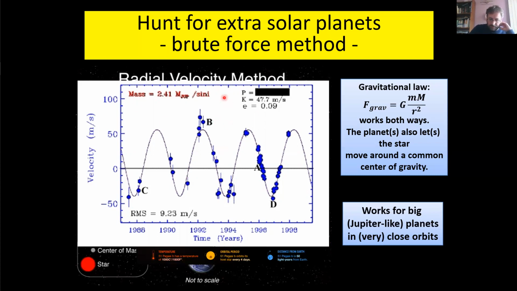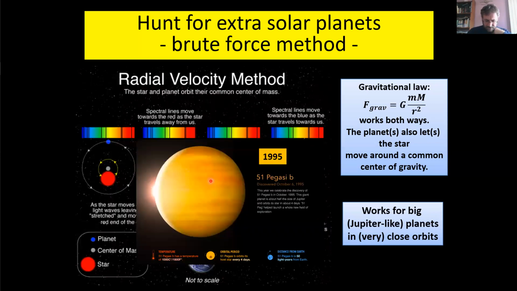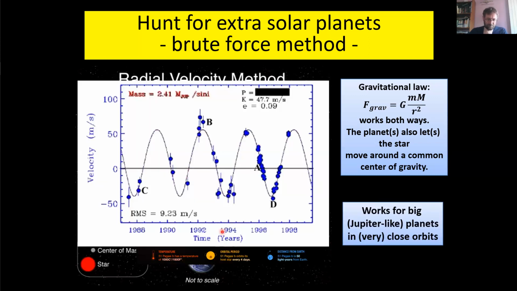So this was something different from 51 Pegasi b, because that was just a 4 day orbital period. It must be already further away, because we see now the orbital period is already a couple of years. A couple of years means a couple of astronomical units away.